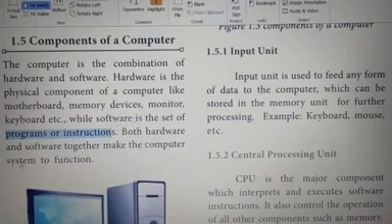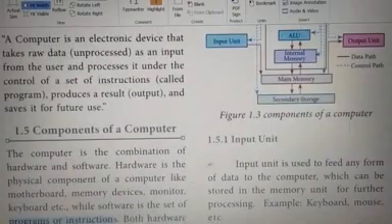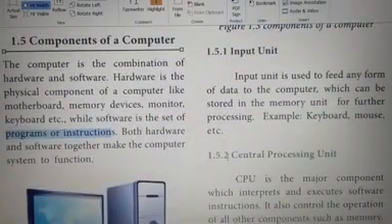Both the hardware and software together are called the computer. So they make the computer system. So yes, this is the computer system: monitor, keyboard, mouse, and CPU.